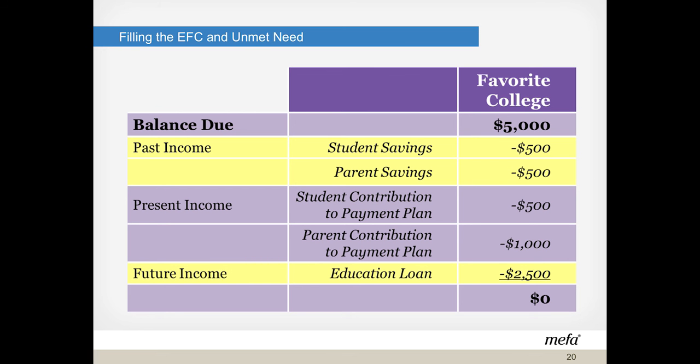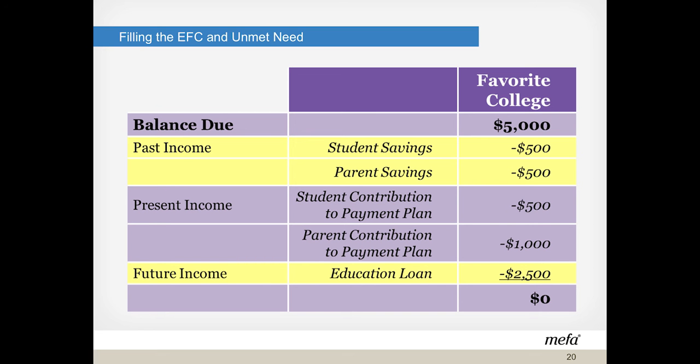Let's say you're a family and you go through, you receive financial aid, you select a college, and then you need to determine how to pay your remaining amount that you have to owe to that college. As an example, let's say I'm a family and I owe $5,000 for the year at a college or university.